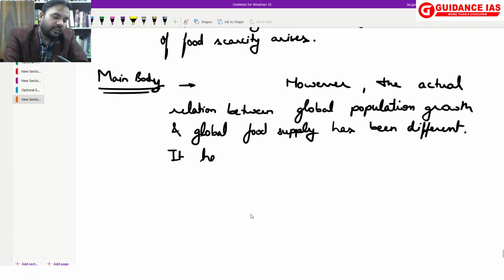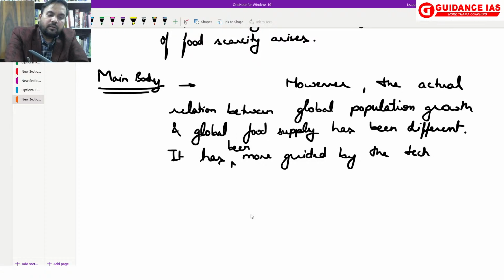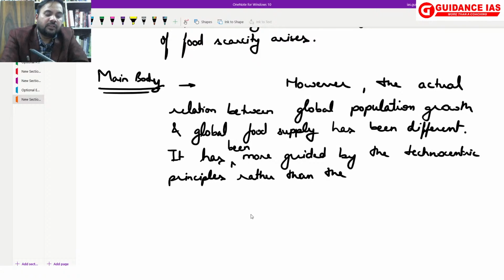It has been more guided by the technocentric principles rather than the Malthusian principles.